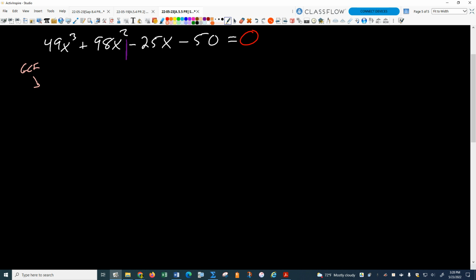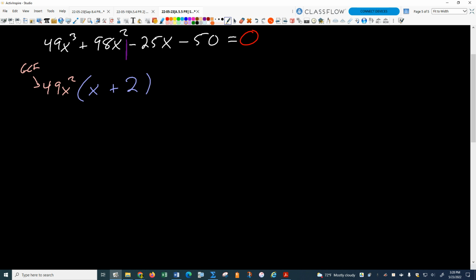What can I undistribute from the first group? Actually, 49. Good. 49, and then what power of x? Okay, good. 49x squared. And what's left behind if I do that? Plus 2. There it is, x plus 2.